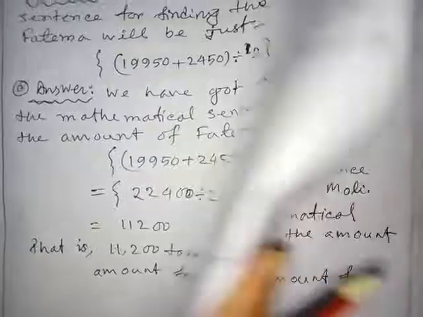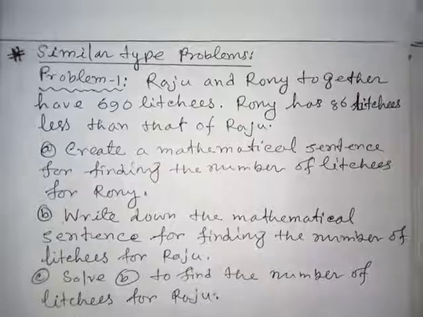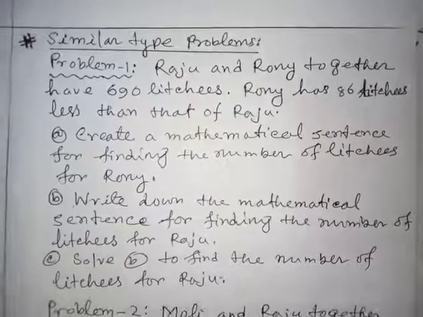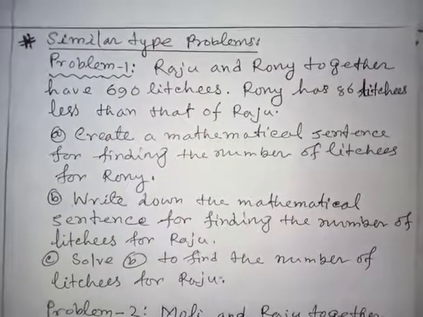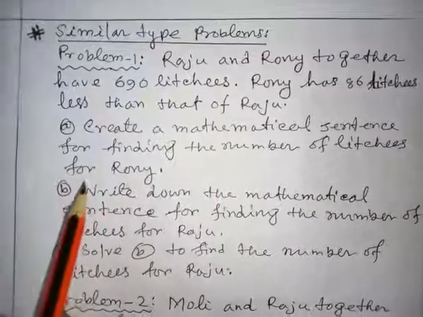Now I am going to give you some more problems very similar to this. You can solve them at home, and if you get any problem, write to the comments box. I will try to solve the problems.